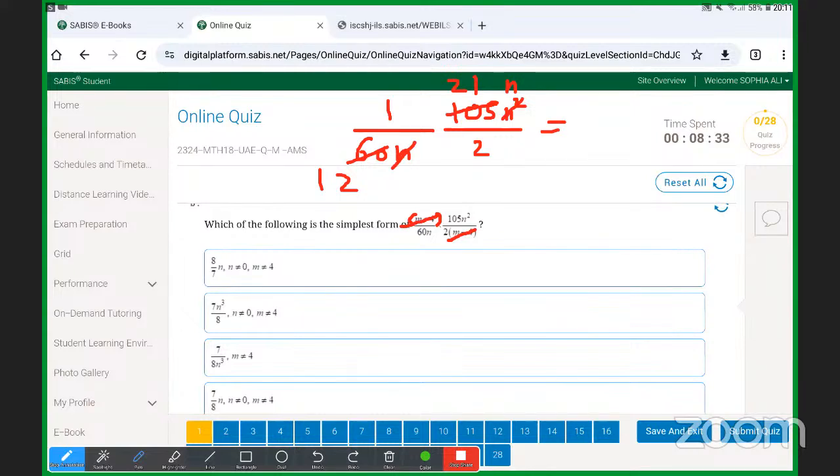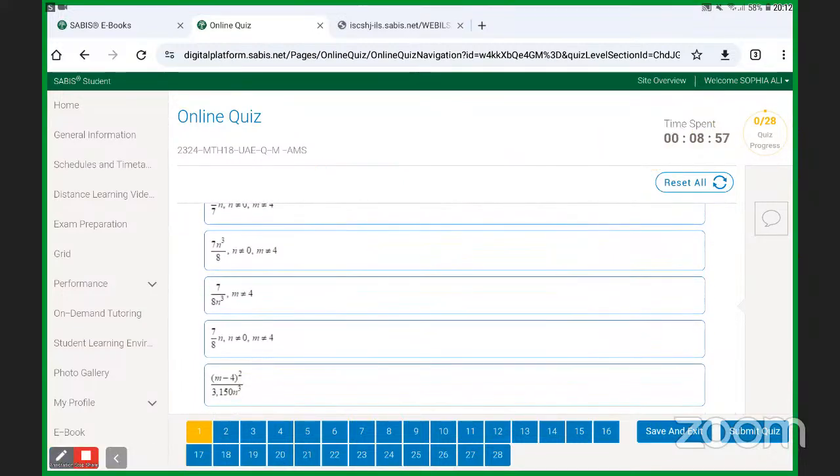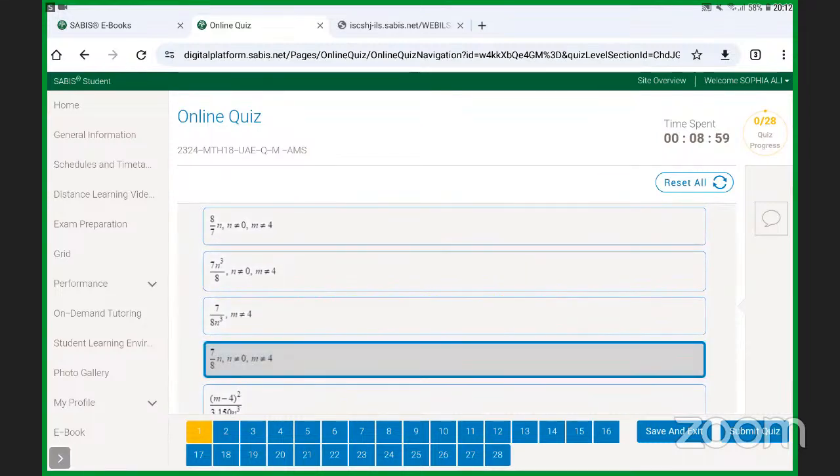Great. 21 divided by 3 is 7. 12 divided by 3 is 4. So 1 times 7 is 7 over 4 times 2 is 8. So 7 over 8 is the simplest form of this fraction. So it will be 7 over 8n. Sorry, I forgot n. We have n left.